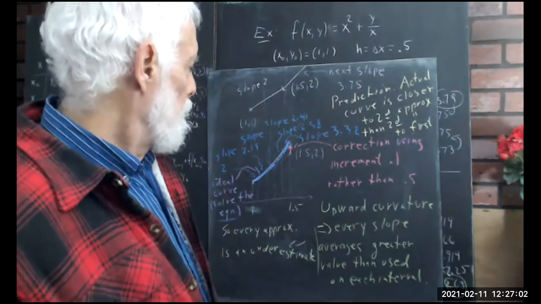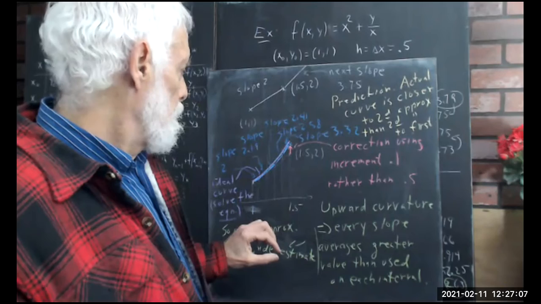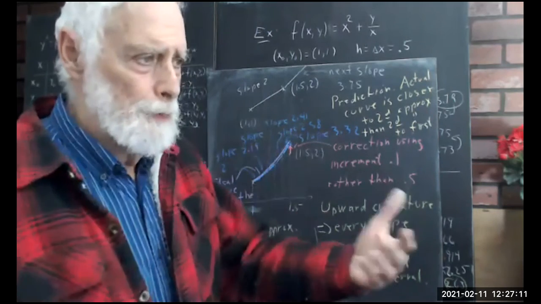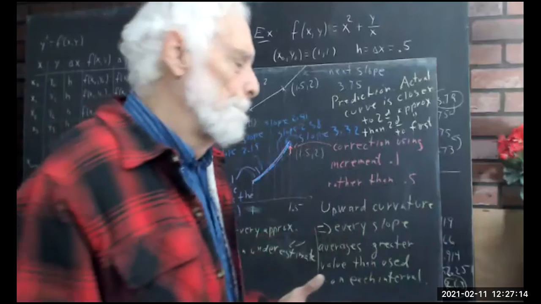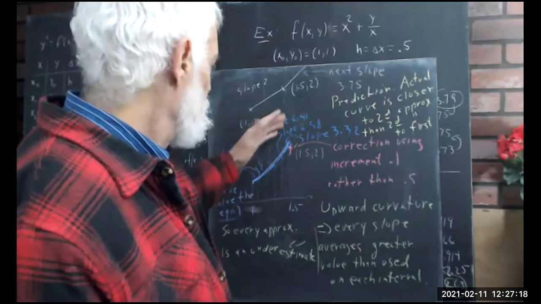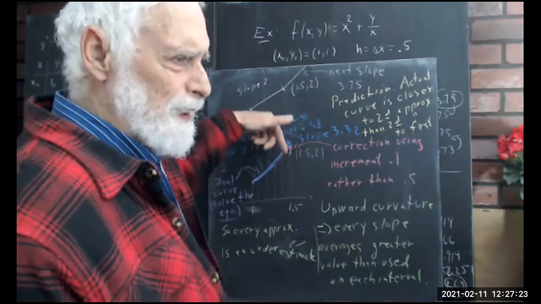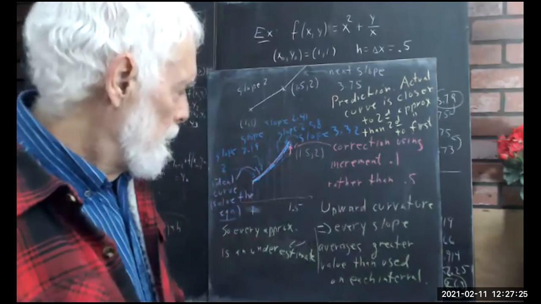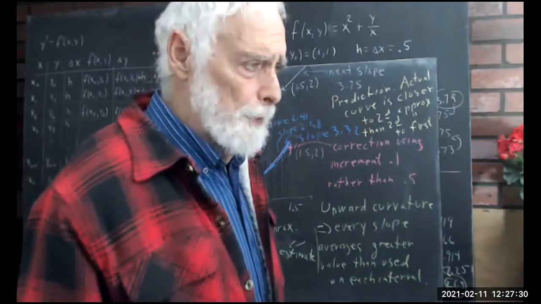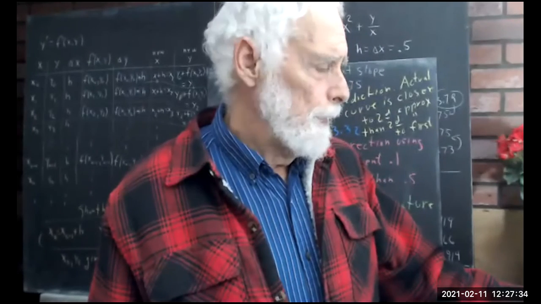And I was actually wrong that the discrepancy between here and here gets greater if we go down to increment of 0.1. We have a greater discrepancy between here and here. So the actual curve will be further than this from the original. And Excel's saying it's going to go down. I don't have a good explanation for that, but I'm going to think about it. Maybe do a little supplemental video. Okay. Anyhow, there we have it.